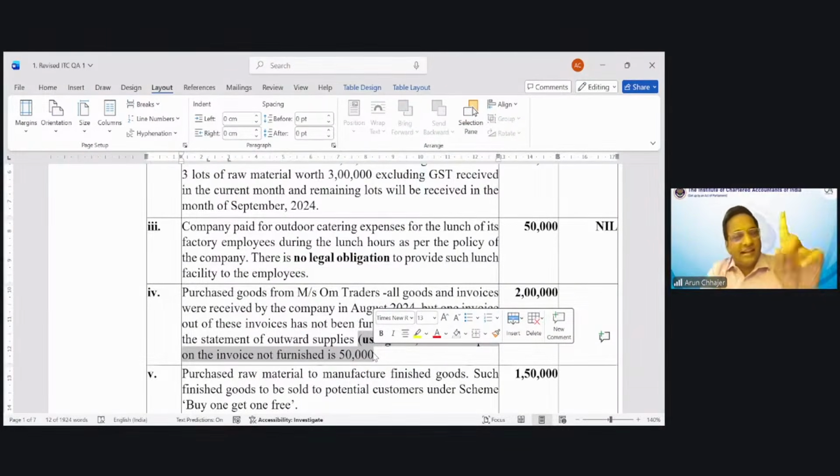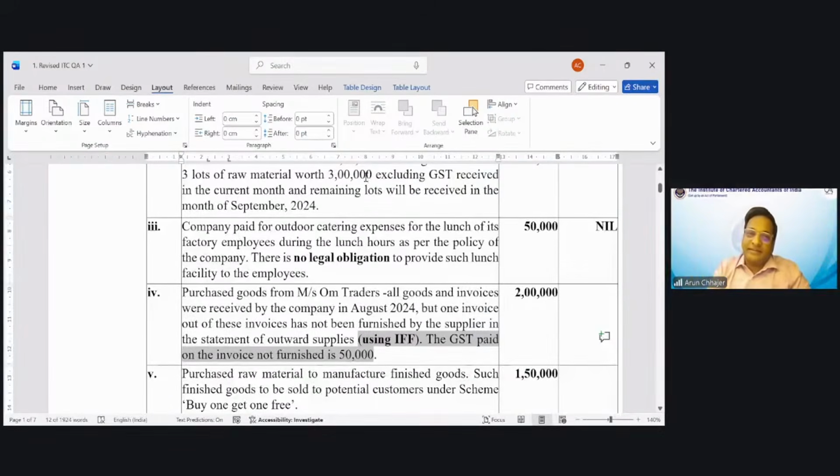When I refer to section 16 subsection 2, there is a specific clause, clause AA, which talks about the invoice being furnished by the supplier in R1 or R1A or IFF, and the same should be communicated to the recipient in 2B. So this is the complete condition that I'm saying, a slightly more refined version.